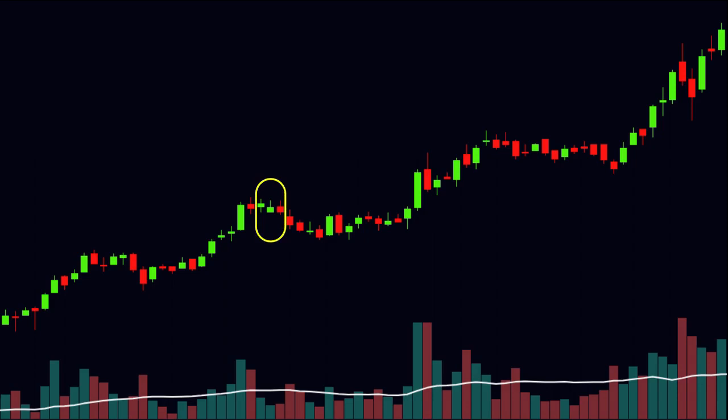The next 3 following candles did not break the high of this candle. So, here we will plot the upper boundary of the Darvas box. Now, this candle further generates a low, and the next 3 sequential candles do not break the low of this candle. So, here we will plot the lower boundary of the box. Thus, our Darvas box is ready.